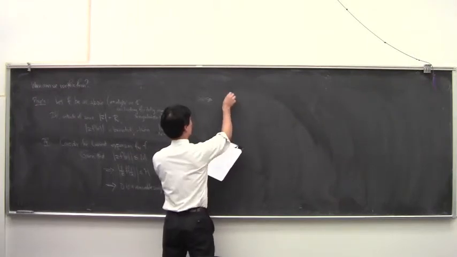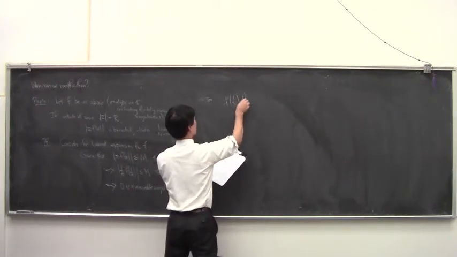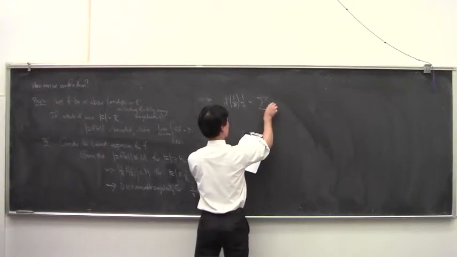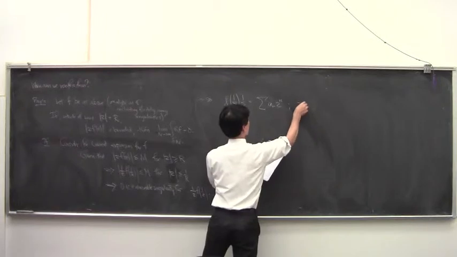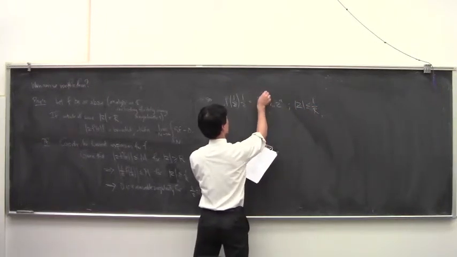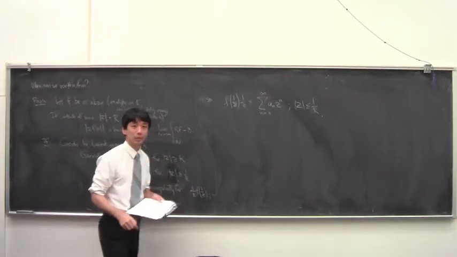So we know that f of 1 over z has a Taylor expansion in z less than 1 over r. Okay.